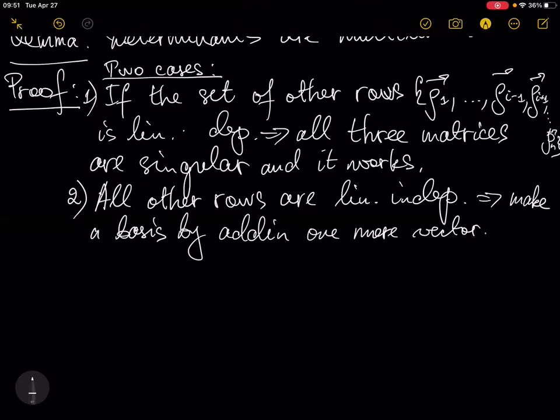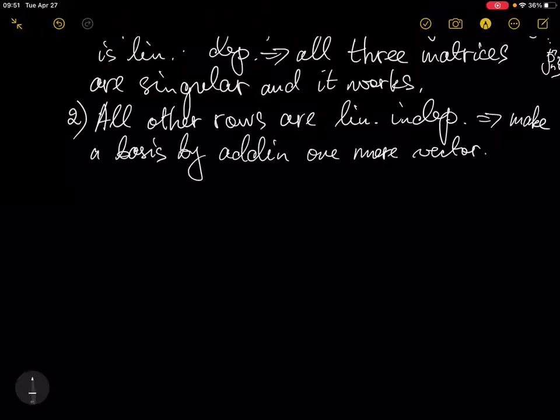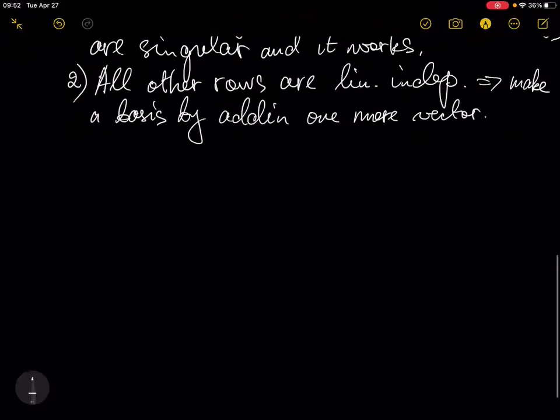So we have n rows and all others are linearly independent. Let us find the row which is not covered by the previous linearly independent rows, and it will form a basis. And let us express our V with respect to this basis.